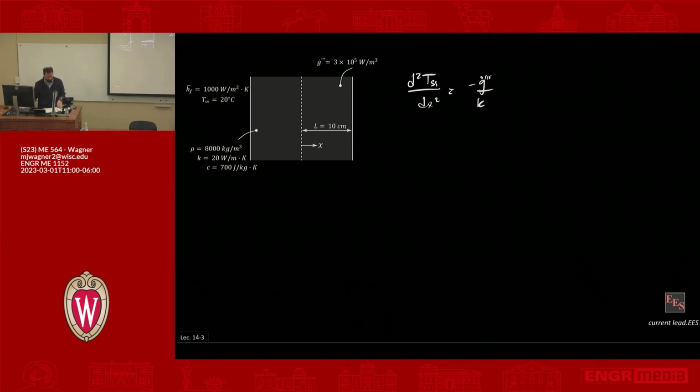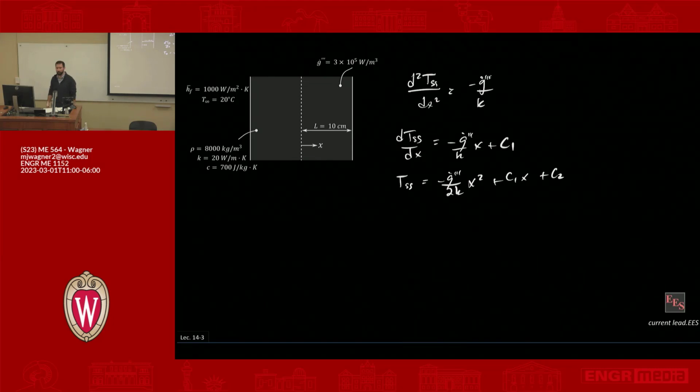We can solve this, and doing the first integral, dT_SS/dx is equal to minus g dot triple prime over k times x plus c1, and then again, T steady state is minus g dot triple prime over 2k x squared plus c1 x plus c2. So that's our steady state temperature profile.